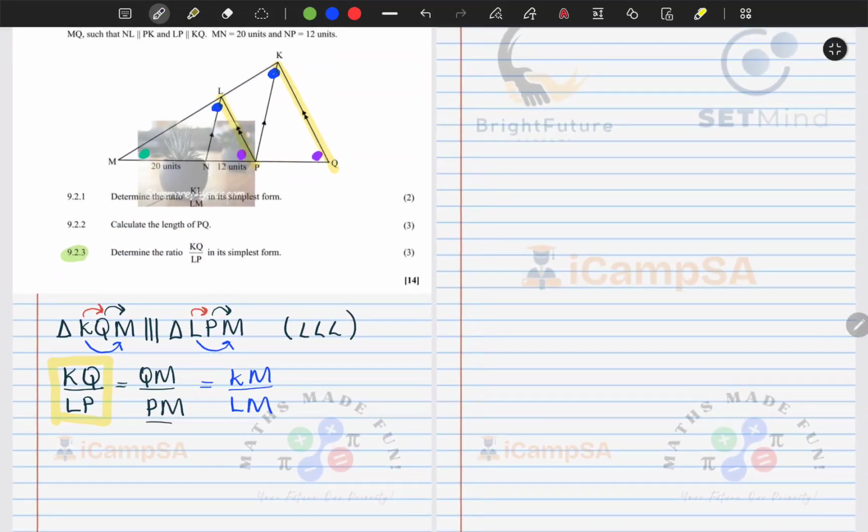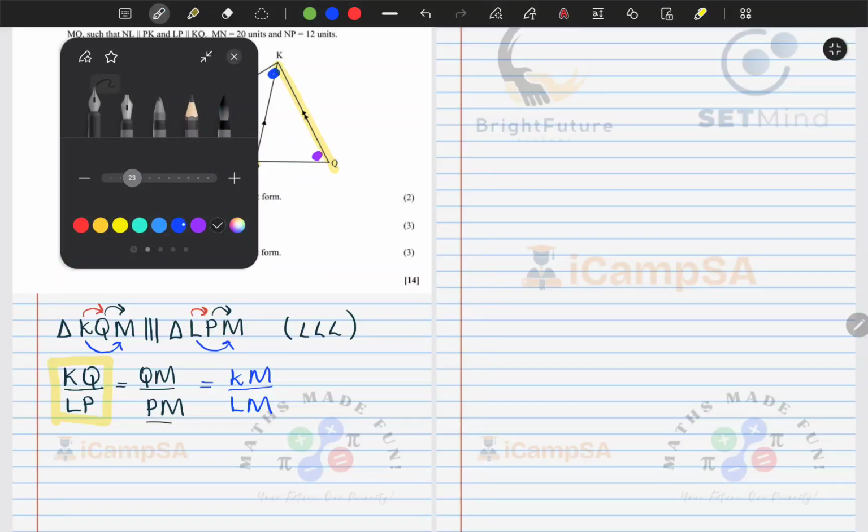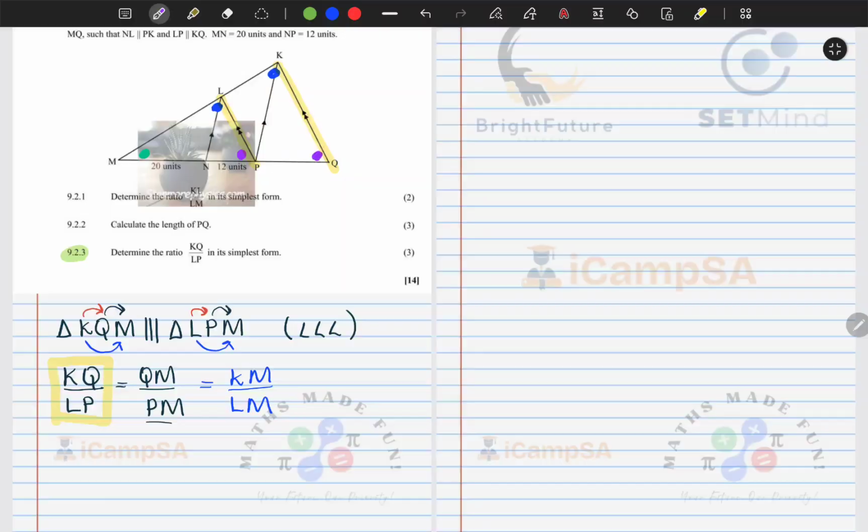Do we have a QM dividing a PM as an example? Now this should be very easy to figure out, because remember, and you can even use the other side where you have, if you remember, this was 20y like that, and this was 12y, and then the entire thing was 32y.